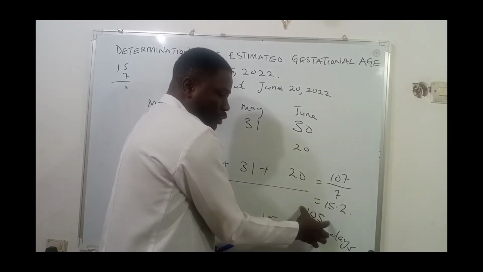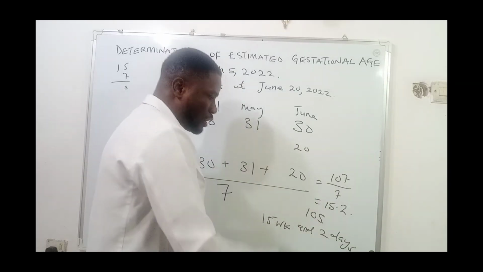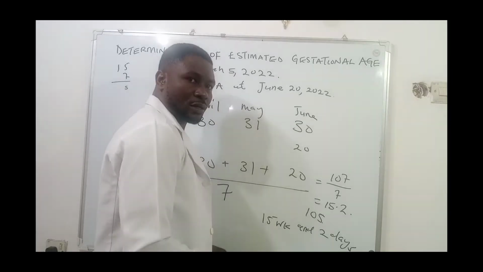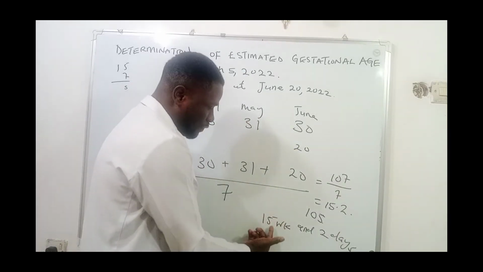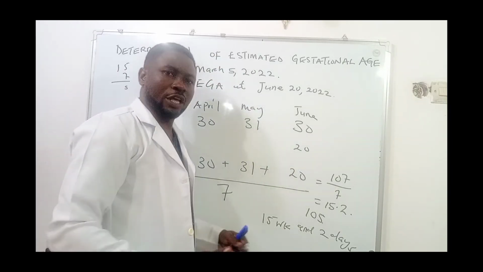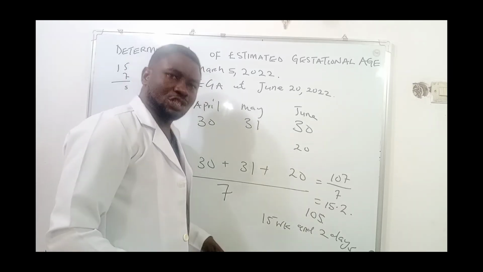If you compare 105 with 107, you see that the difference is 2. That means 105 gives you 15 weeks, and what is remaining is 2 days. That's why 15 weeks and 2 days becomes the age of gestation, or the age of pregnancy, for that woman whose last menstrual period is March 5th, 2022.